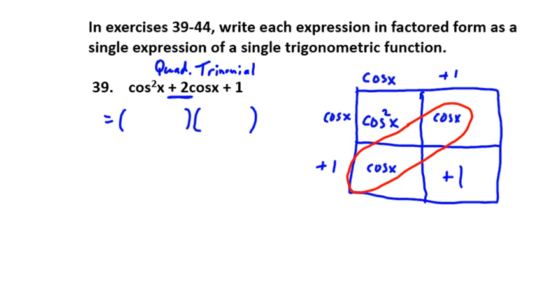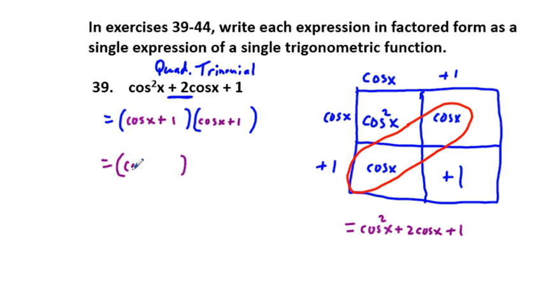When we write this out, we get cosine squared x plus 2 cosine x plus 1. And so our factors are simply quantity cosine x plus 1 times quantity cosine x plus 1.